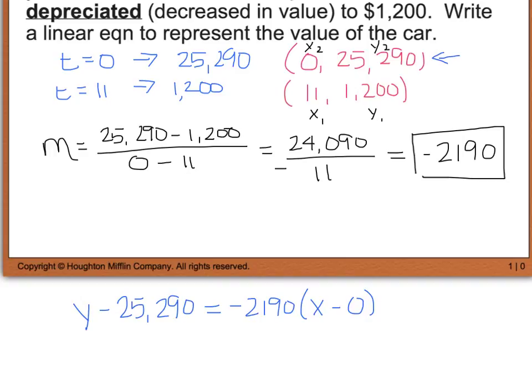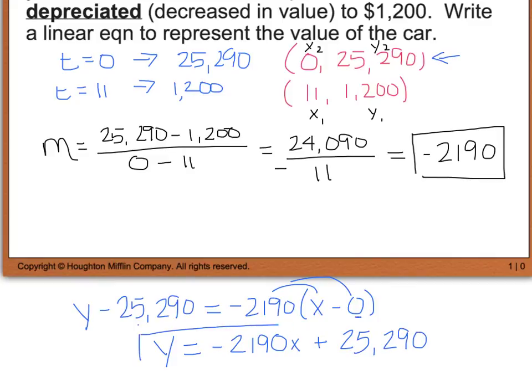So to find the equation, I'm going to distribute, and I see that because of this 0 here, that term's going to go away. And then I'm going to have to add this 25,290 to the other side. So I end up with an equation that looks like y equals a negative 2,190x plus 25,290. And this right here would be the linear equation that represents the value of that car.